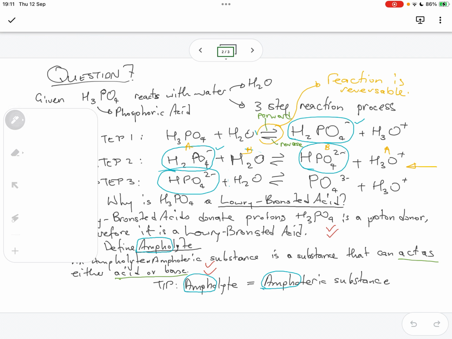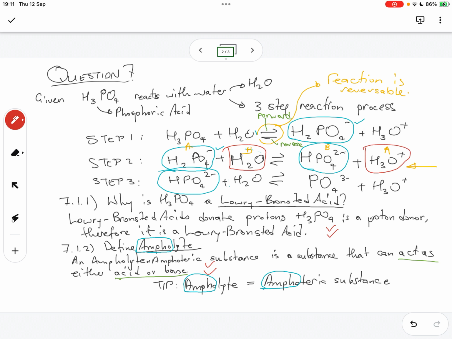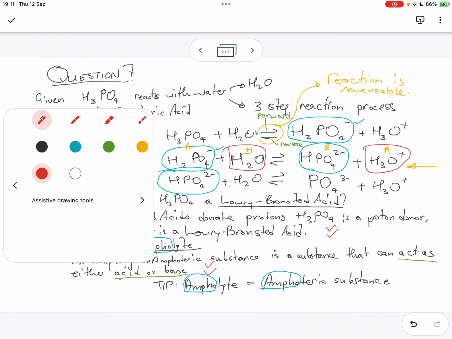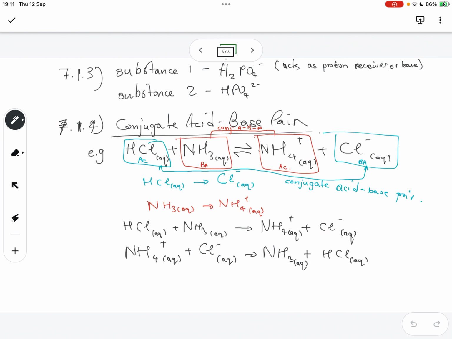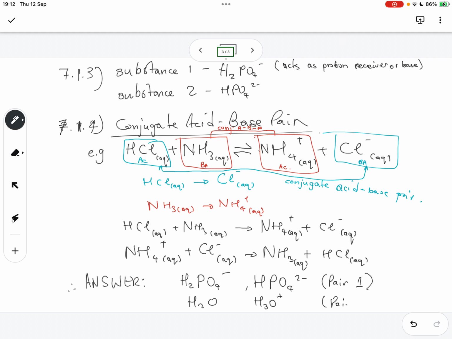So then to answer the question, the answer becomes: H2PO4 minus and HPO4 2 minus is pair 1, and H2O and H3O plus is pair number 2.